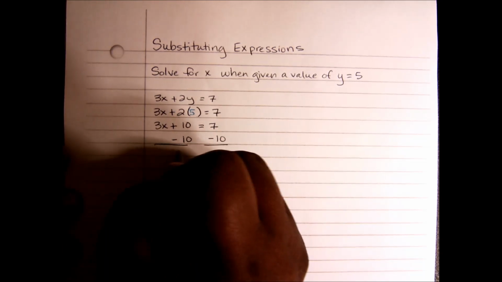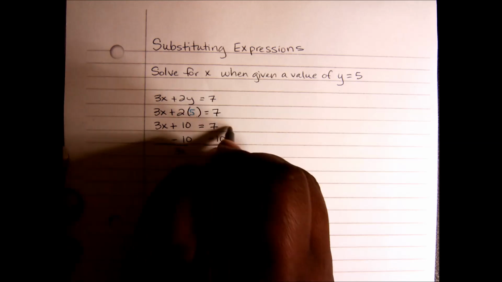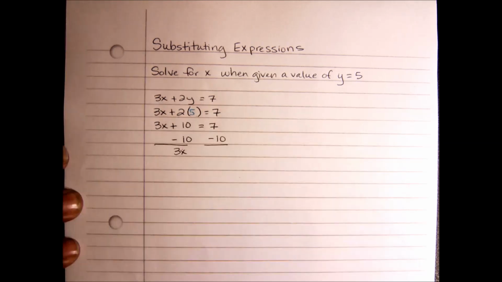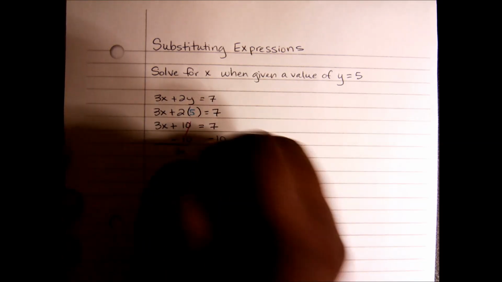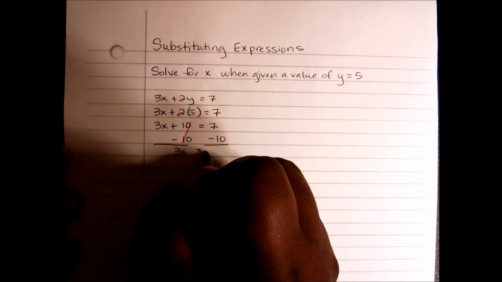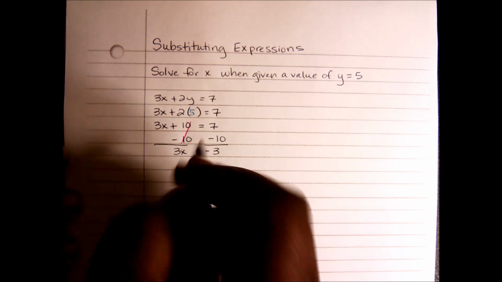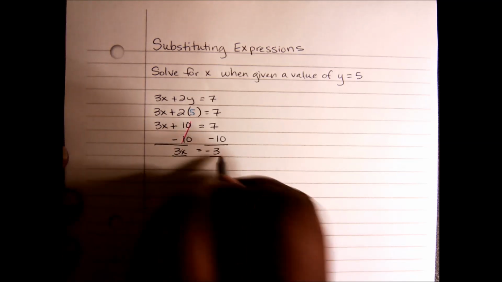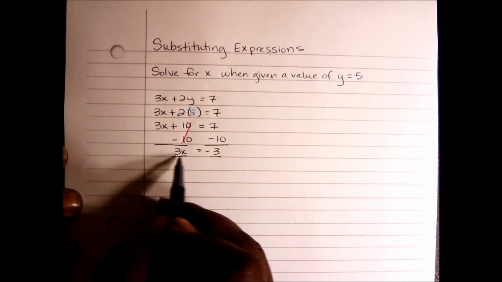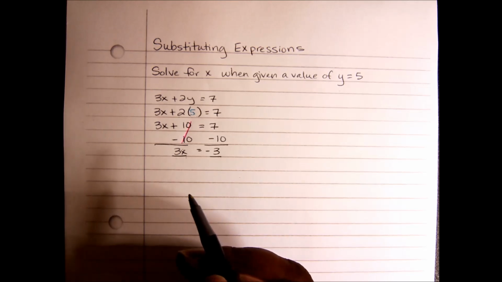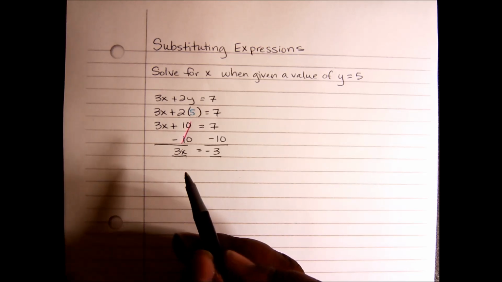Here we have 3x. Remember, I start from left to right. 3x. 10 minus 10 actually cancels. And this is equal to 7 minus 10, which is negative 3. Solving for x, we're going to divide, because the only way to get rid of the 3 times x is to do the inverse operation, which is division.